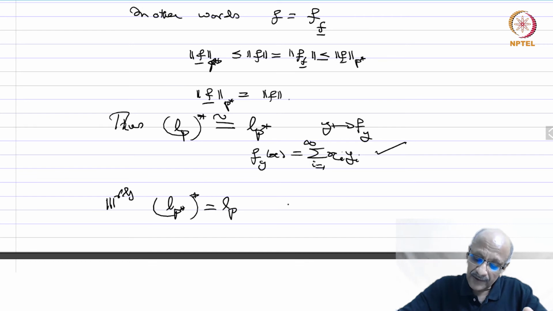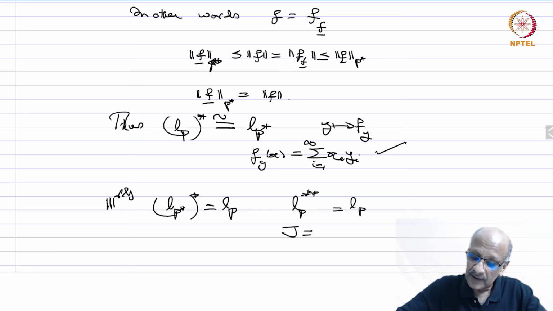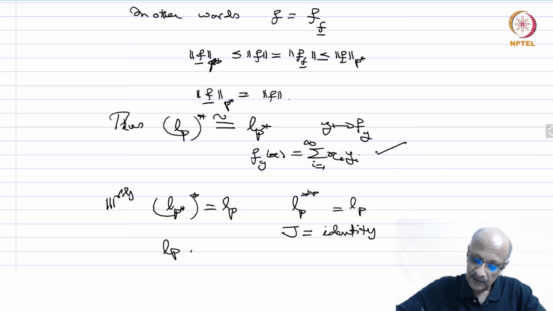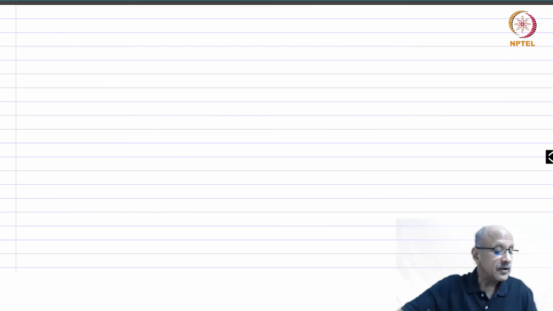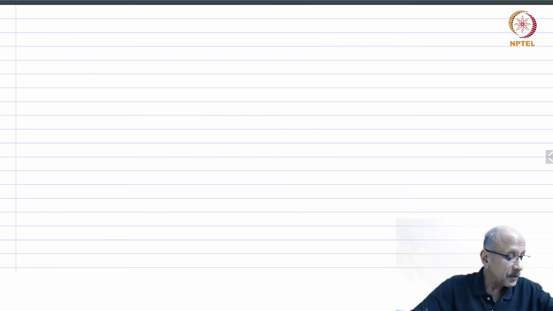So this means that LP double star is the same as LP, and in fact the mapping J which I spoke of earlier is nothing but the identity map, and therefore LP is reflexive. So this is an example of a reflexive space.